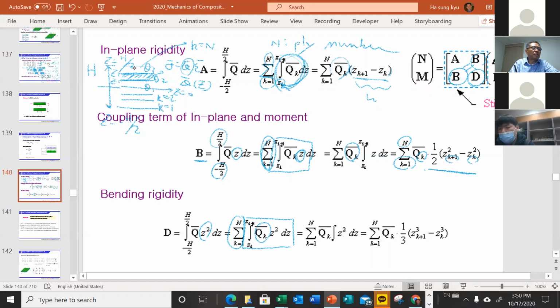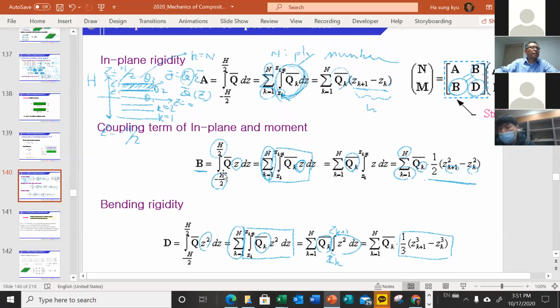Q is constant within the ply, so it is out of the integration, and if we integrate from zk to zk plus 1, this is the integration, okay?